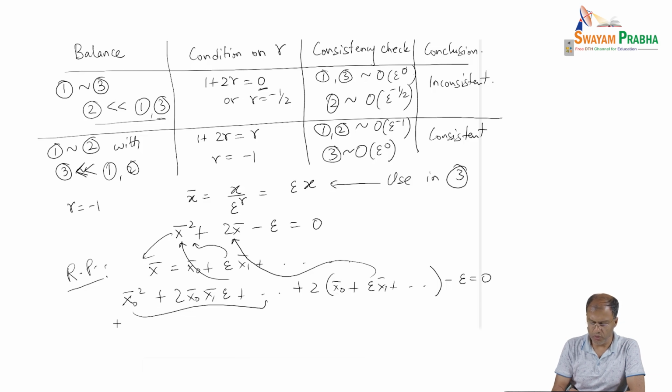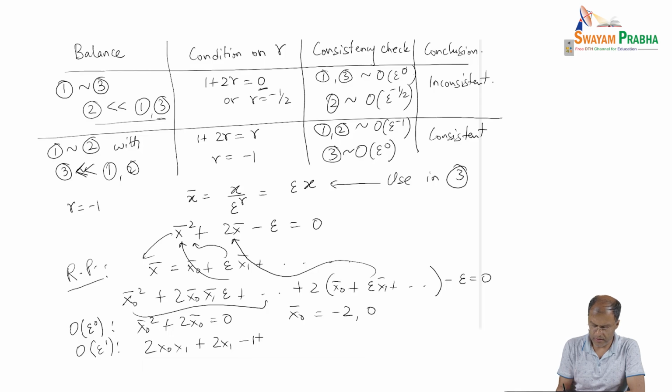Right, and now we can figure out the solution for order epsilon to the power 0. We see that x0 square plus 2 x0 is 0, so x0 comes out to be negative 2 or 0. There are two solutions to it. Now similarly, for order epsilon to the power 1, we see that the equation is as follows. Depending on x0, we will have two different values of x1. If x0 comes out to be minus 2, then x1 comes out to be negative 1 by 2.